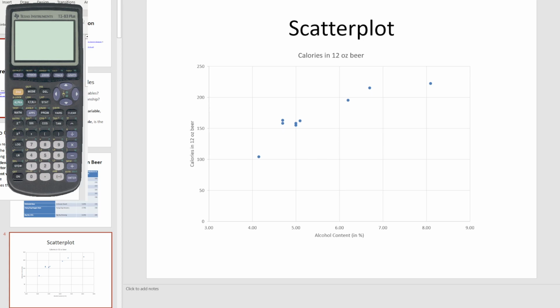This is because it would make the most sense to assume that if there is a relationship, the alcohol content here is the independent variable and the calorie count is the dependent variable, that the calorie count would depend on the alcohol content. It wouldn't make too much sense to think that the alcohol content depends on the calorie count.